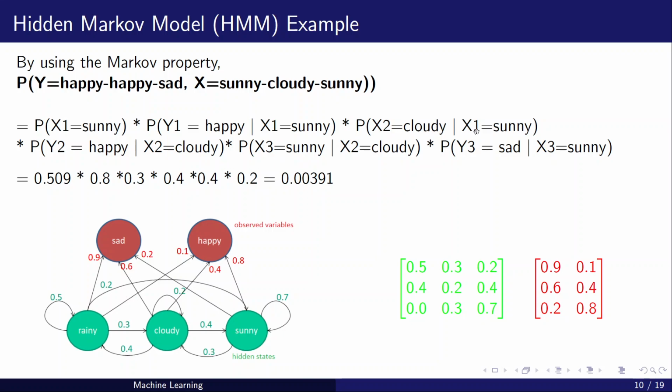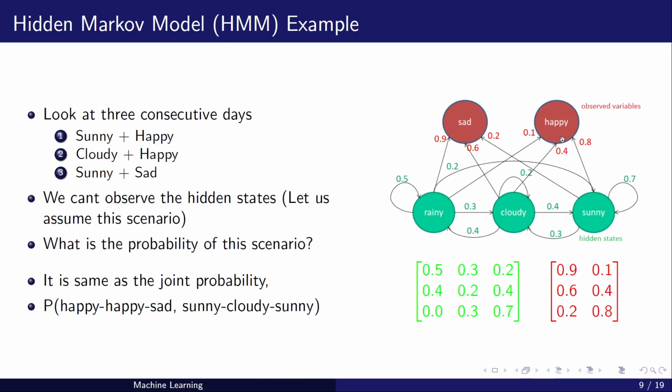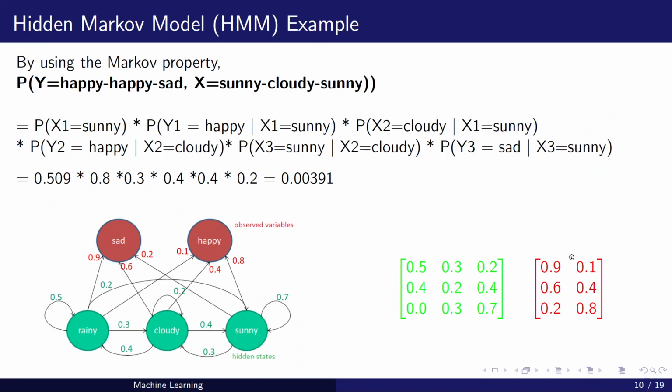The transition can be obtained from x2 given x1, and probability of y1 given x1 is this: on a sunny day you are happy. So probability of happy given sunny is 0.8, so it is 0.8 into x2 given x1, which is from the green matrix.